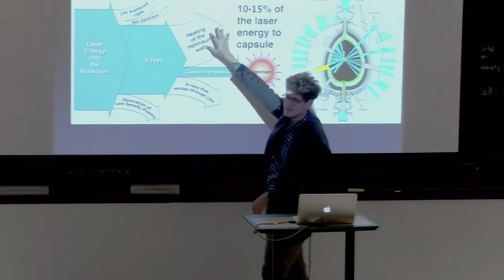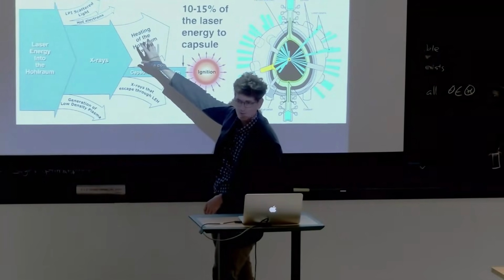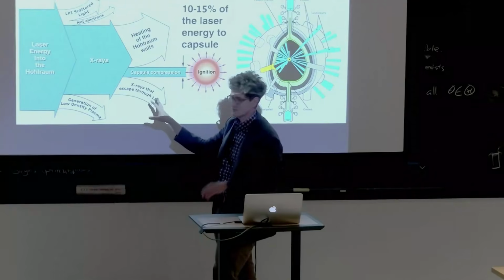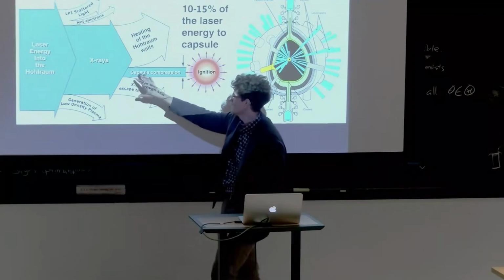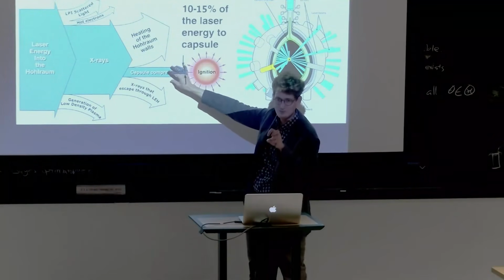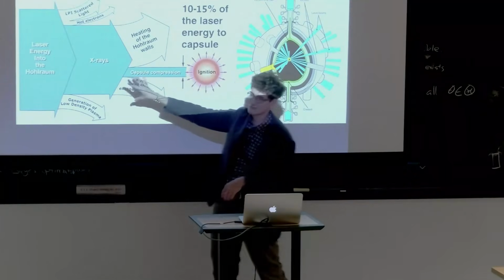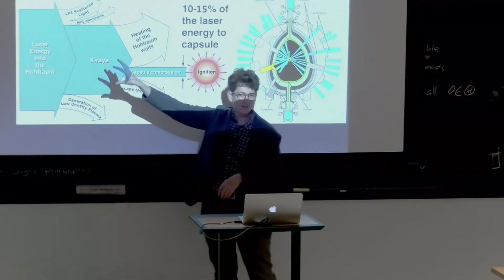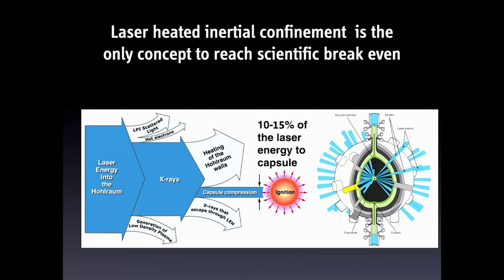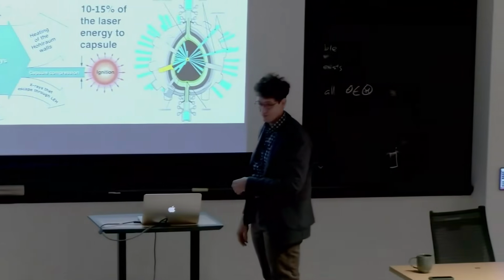A lot of it just goes into heating the walls of the thing that's holding the fuel. Some of it just leaks out, and then some of it goes into actually compressing the fuel, and then you get energy. So all of these losses, fine-tuning this process so these losses are controlled, are what was so hard and is what took NIF so long to be successful at.